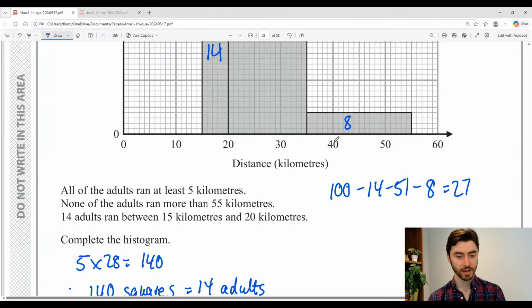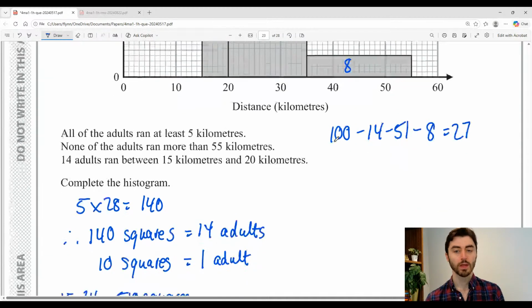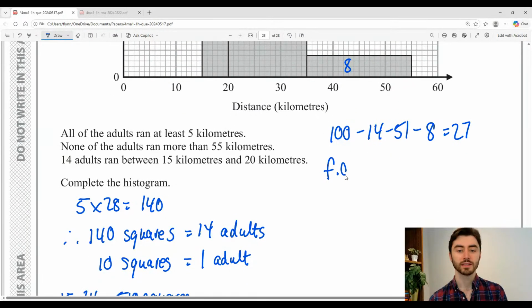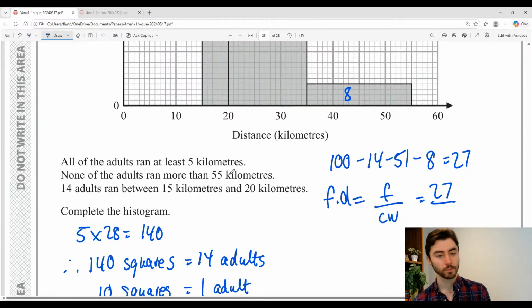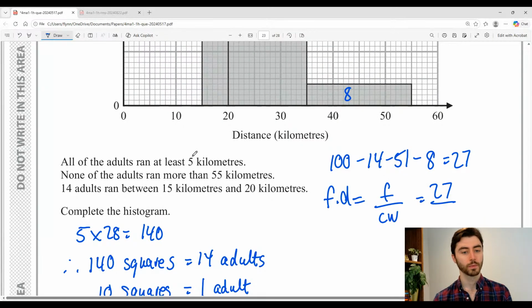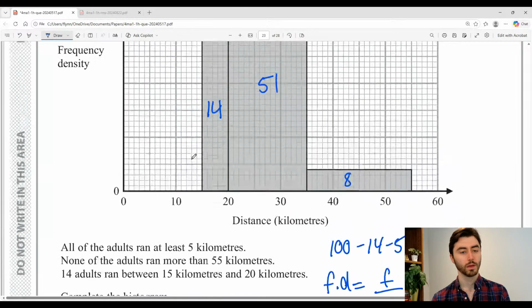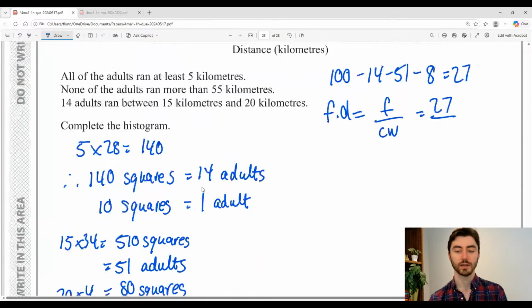That has to be the area. And then remember, the frequency density is the frequency over the class width. So the frequency is 27. The class width would be 10, going between 5 and 15.